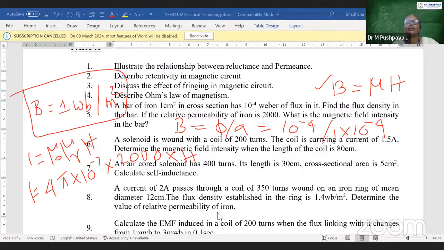398.63. What is the unit? It's correct. H is equal to 398.63. Anyone getting the same answer? Kindly acknowledge.